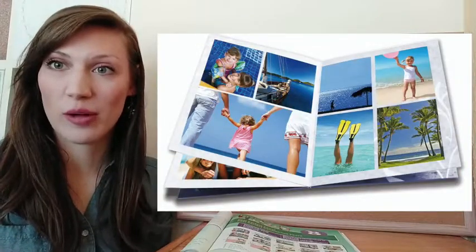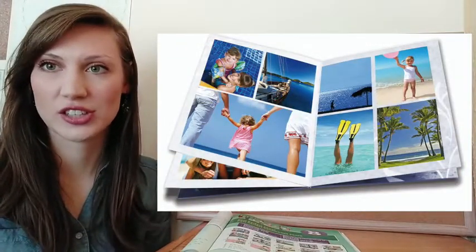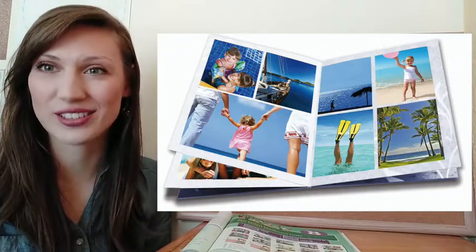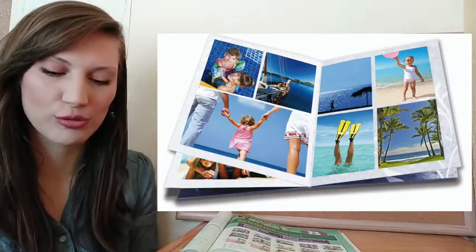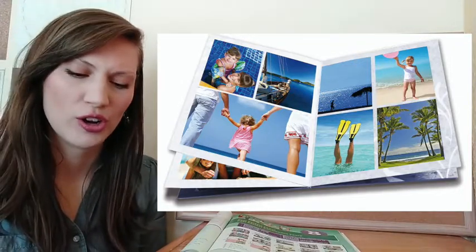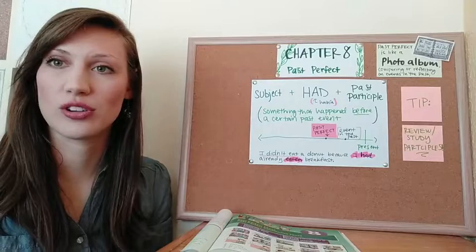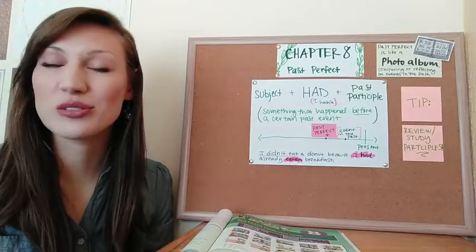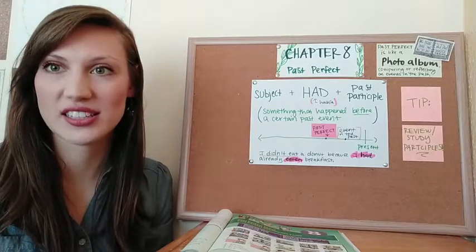So in a photo album, you have lots of pictures, and each of them captures a moment in the past, right? So when you look through a photo album, you compare or reflect on or start to analyze events in the past. And we do the same thing with past perfect.